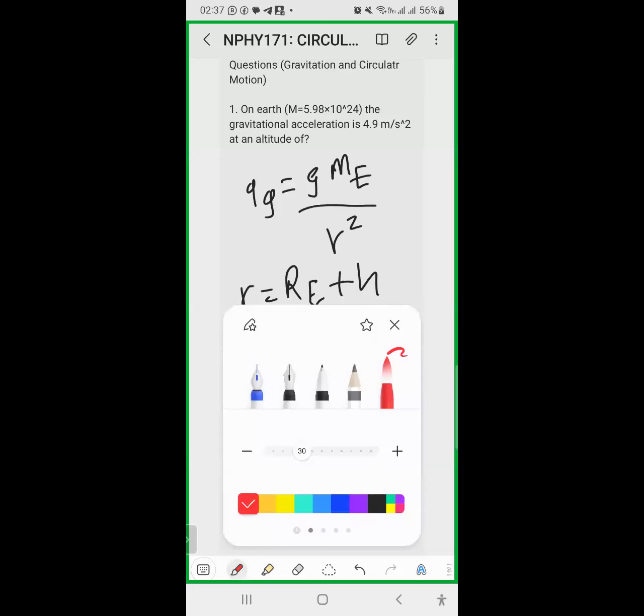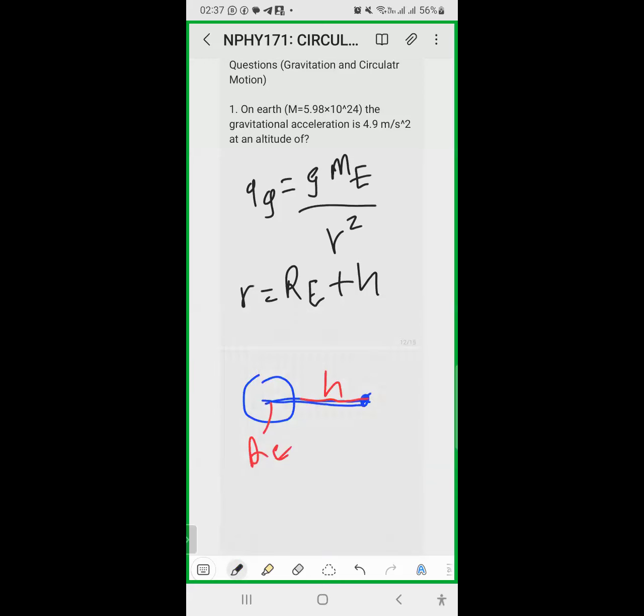So this whole distance is the separation distance r. Therefore, your ag will be equal to G multiplied by the mass of the Earth divided by the radius of the Earth plus the height above the Earth's surface, squared.